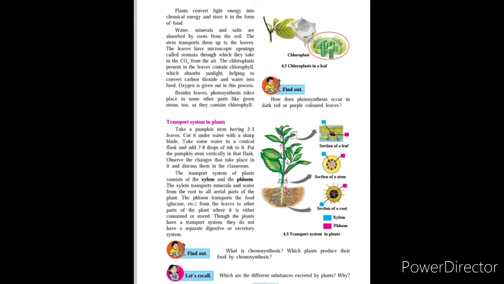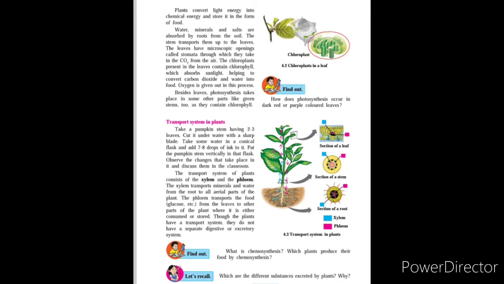The leaves have microscopic openings called stomata. With naked eyes you cannot see the stomata on the leaves, but if you take a clean leaf under the microscope you can see them.